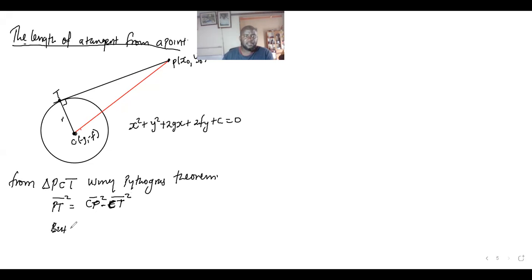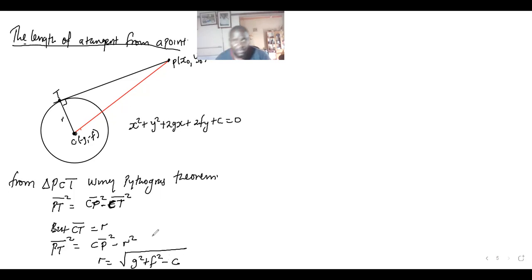But CT is actually the radius. So therefore, PT squared will be equal to CP squared minus the radius squared. Do you also recall that the radius can be got from the square root of g squared plus f squared minus c? So if it is squared, you can be in a position to go ahead and find whatever you have.